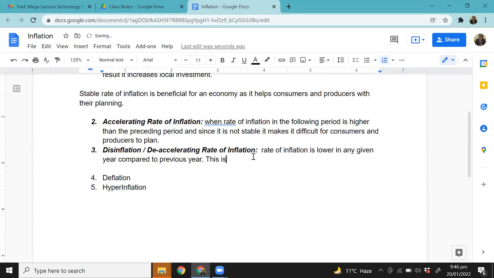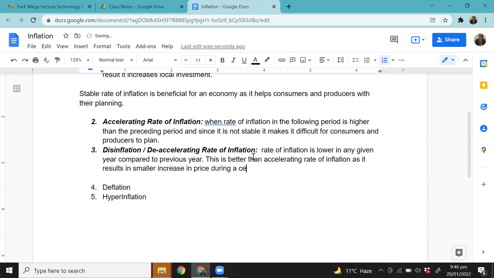This is better than inflation as it results in smaller increases in prices during a certain time period.